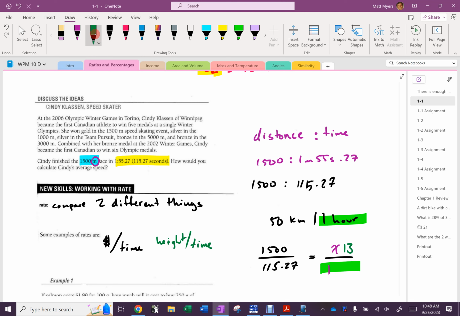So she's going 13 meters a second. That's a lot. That's very fast. You want to know how fast she's going in kilometers? Multiply that by 3.6. 13 times 3.6. Yep. 46 kilometers. She can skate at 46 kilometers an hour. 47.